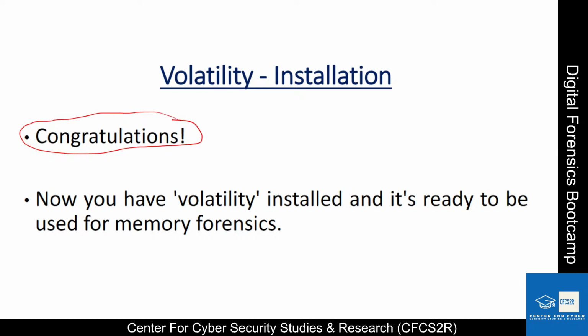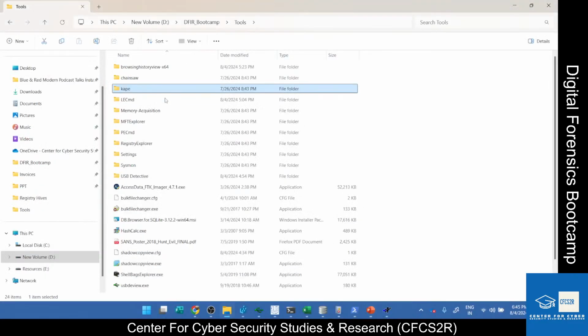If you are having Volatility 2 issues, you can run this. And particularly, if you want to run this, on the current version of Kali, it will not work. So you have to use a particular version of Kali. Let me tell you.